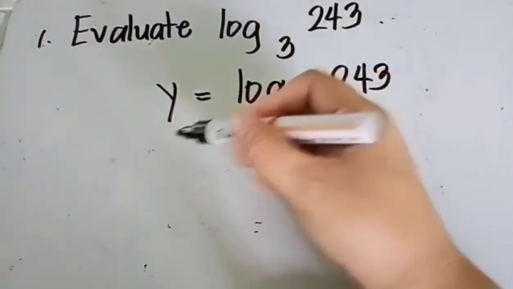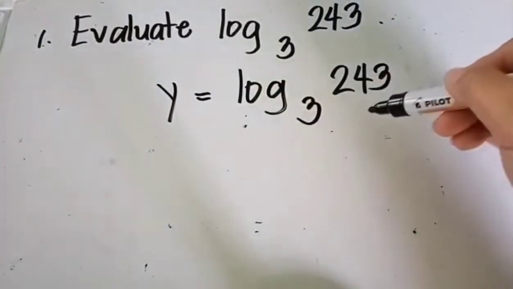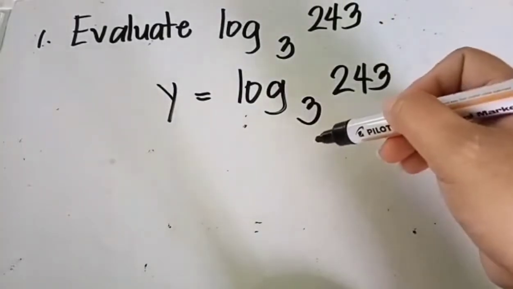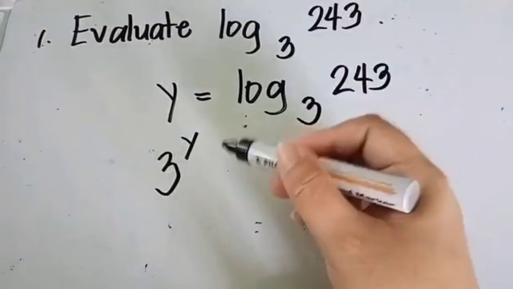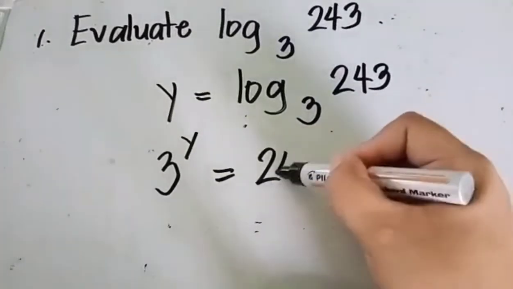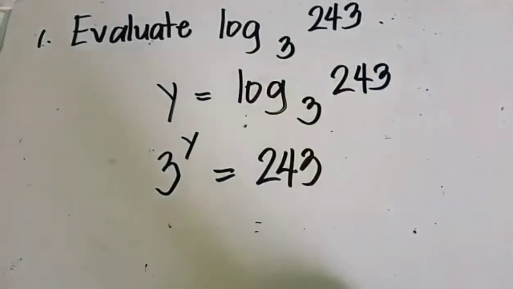Of course, y is equal to the logarithm of 243 to the base 3 is equivalent to 3 to the power of y is equal to 243. And then after that, we are going to solve the exponential equation.